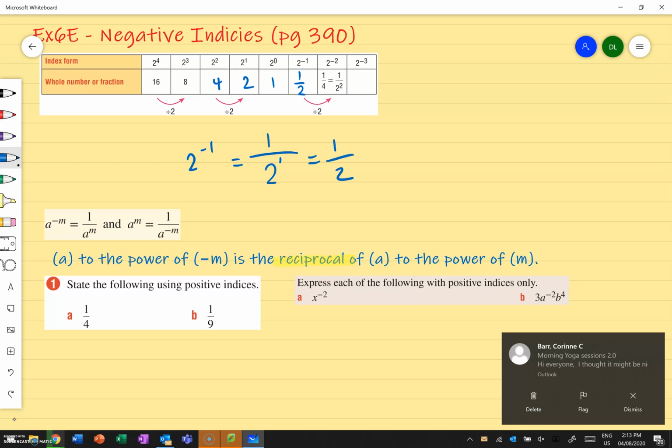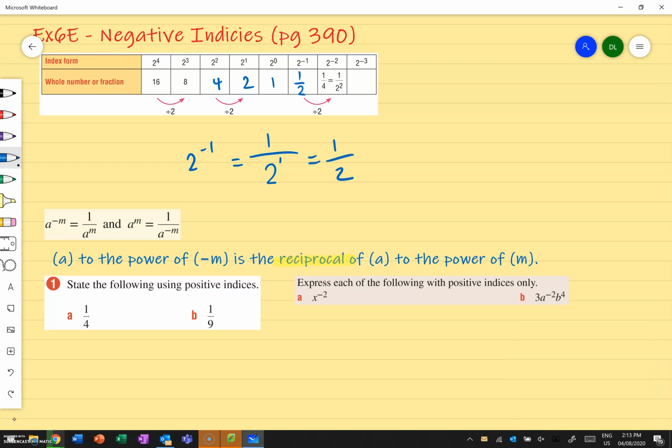Now, if you look at our next example, 2 to the power of negative 2, they've done the same thing. If you put that in the calculator, you end up with 1 over 4 or 0.25, depending on what your calculator's settings are. So 2 to the power of negative 2 is 1 over 2 squared.